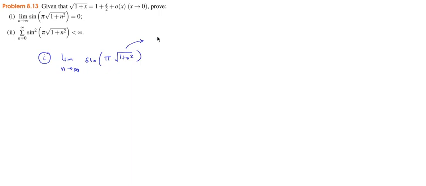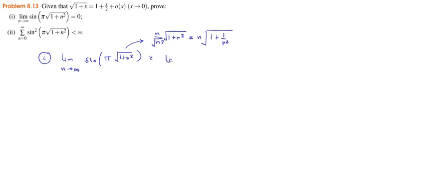Well, we can multiply and divide by n, right? And then this is n, and this goes inside as the square root of n squared. We divide here, and so this is n times the square root of 1 plus 1 over n squared. And now this 1 over n squared goes to 0, so we can approximate this.